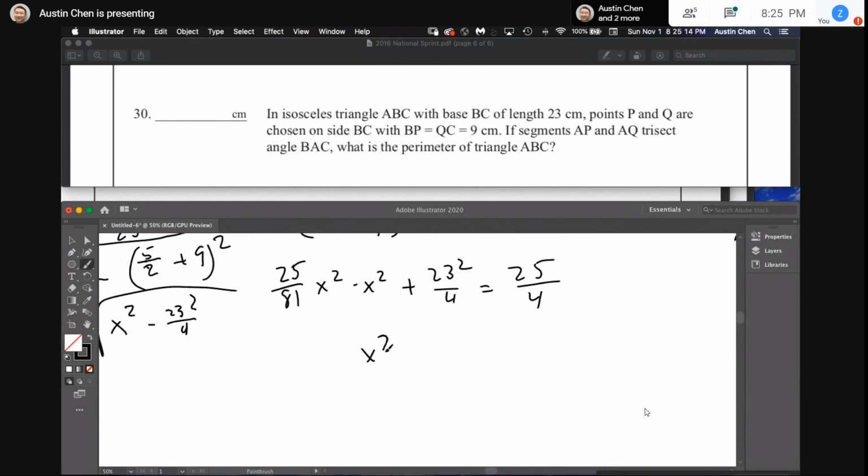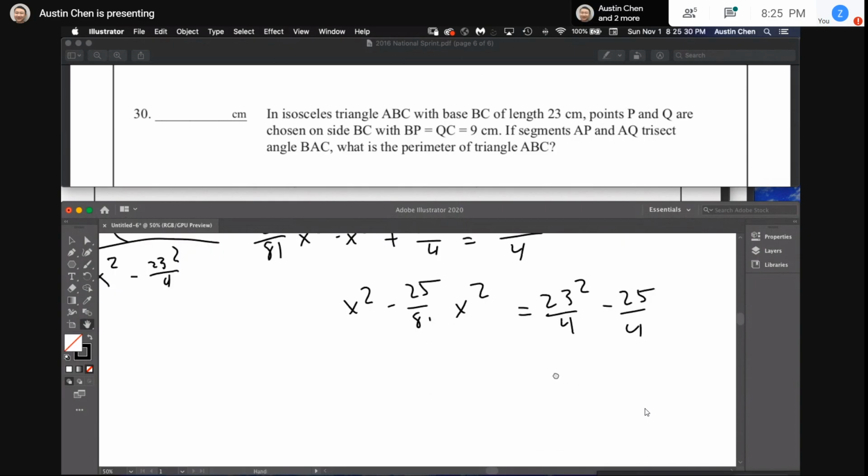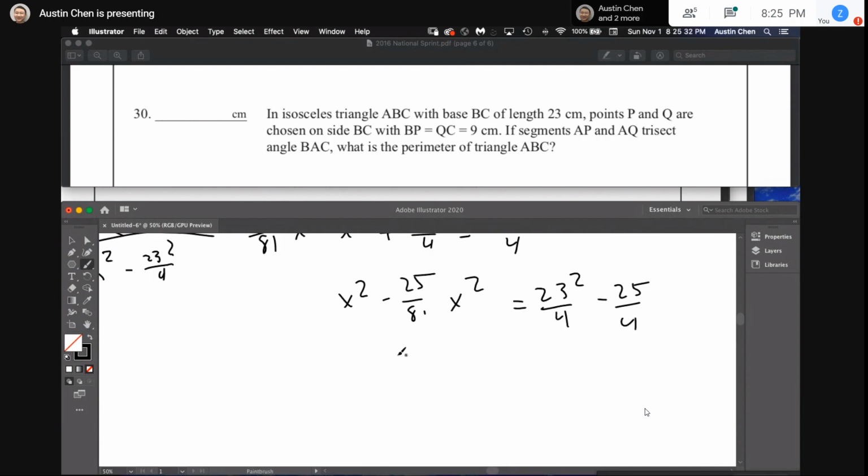So we're going to get x squared minus 25/81 x squared will equal 23 squared over 4 minus 25 fourths. Then we'll have 56 over 81 x squared equals 529 minus 25 over 4.